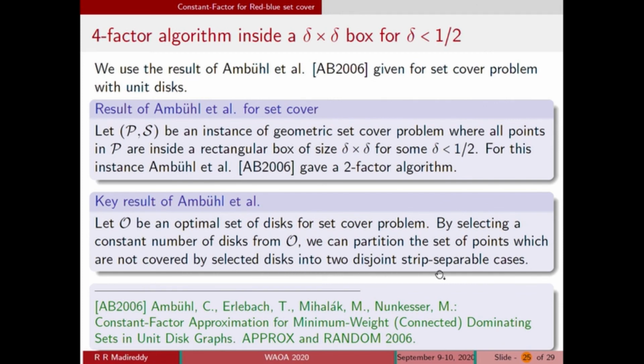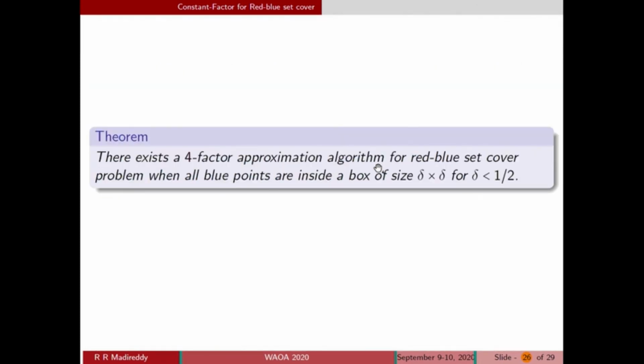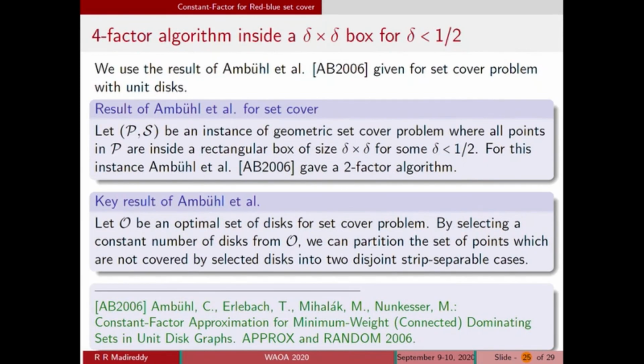And for the set cover strip separable problem, a polynomial time algorithm is known, so the original problem loses a factor 2. Now we follow the same lines, but our strip separable algorithm is a factor 2 algorithm, not exact polynomial time. So we get a factor 4 approximation algorithm.